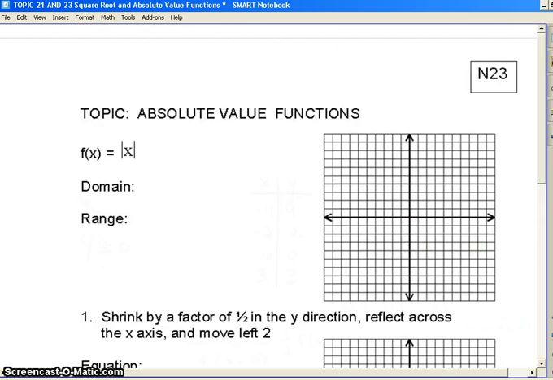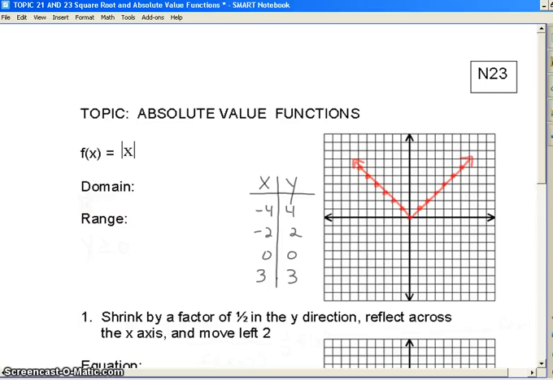All right, we're going to skip over to Notes 23 and look at some absolute value graphs. The function f of x equals the absolute value of x. This is your parent function. You need to be familiar with this graph. These are just 4 points that are critical points that you could graph.